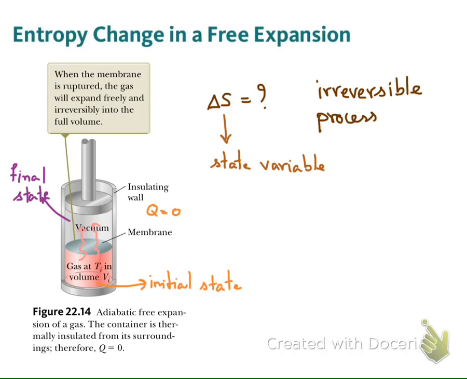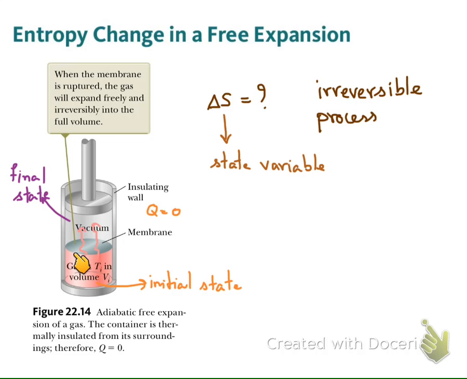The state variable here means that the value of the entropy depends only on the state of the system. It means that if the gas is here, in the initial state, we don't care how the gas comes to this state. Whatever the path that brings the gas to this state, we will have the same value of the entropy.